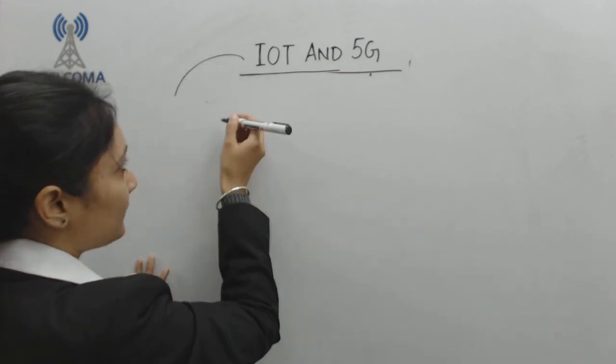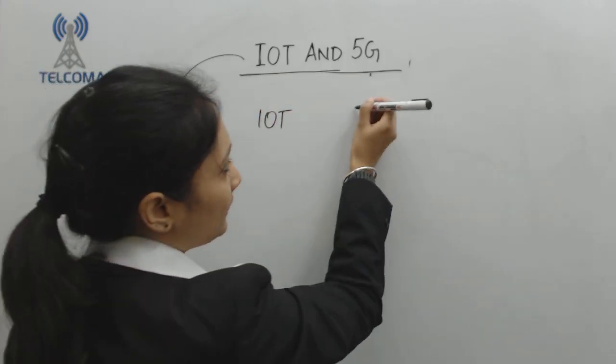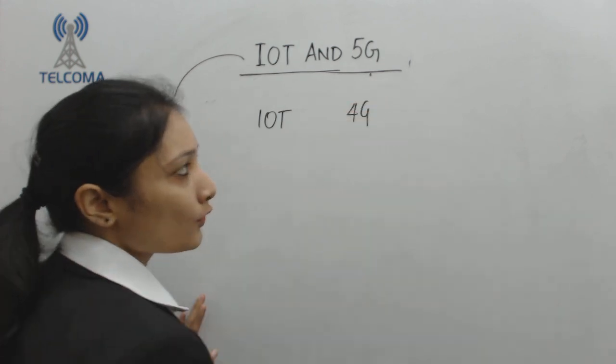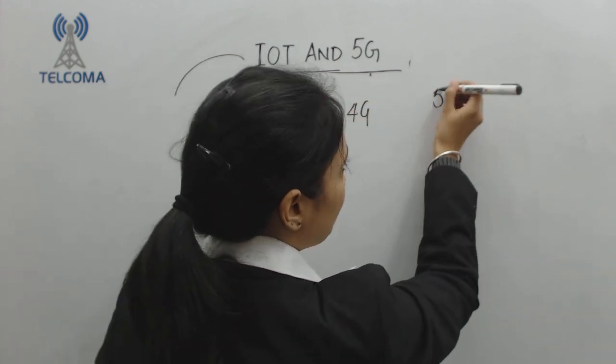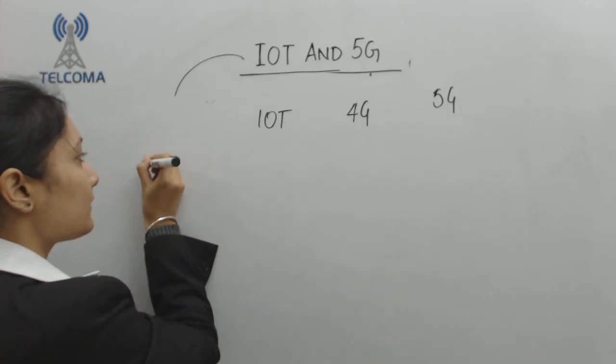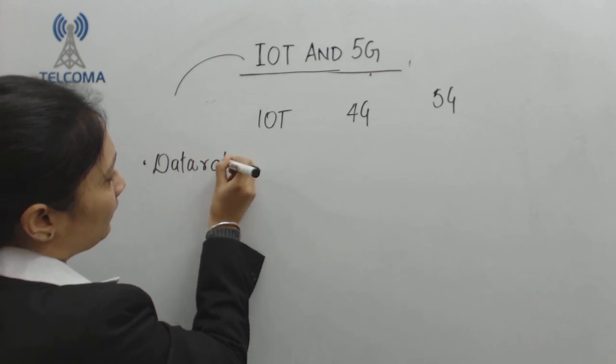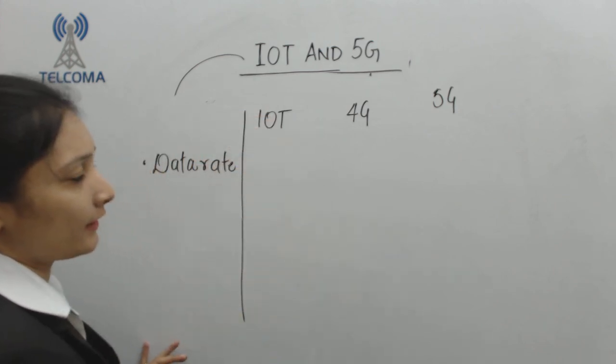Now, for example, we consider your IoT, then your existing 4G systems, and then your fifth generation of cellular system. First of all, we talk about the data rate.